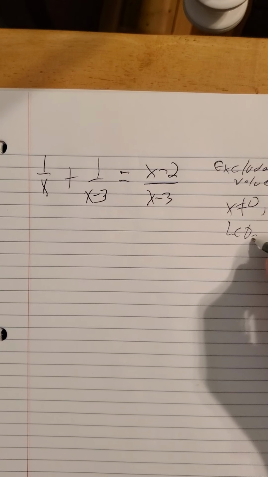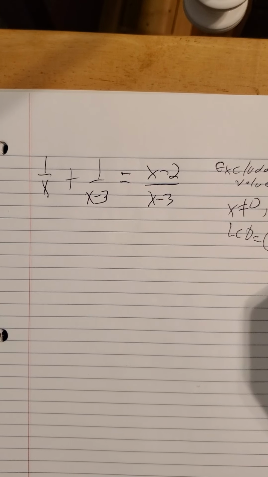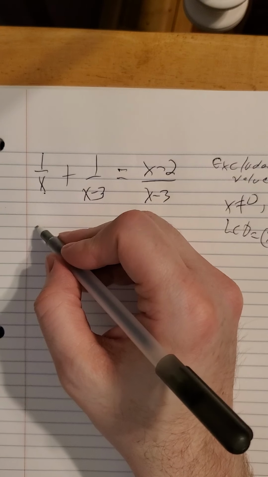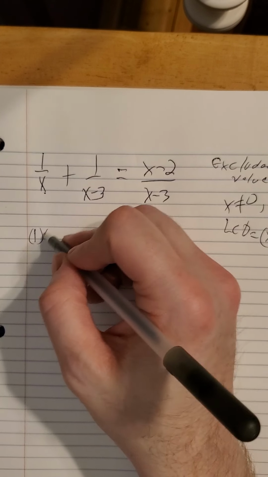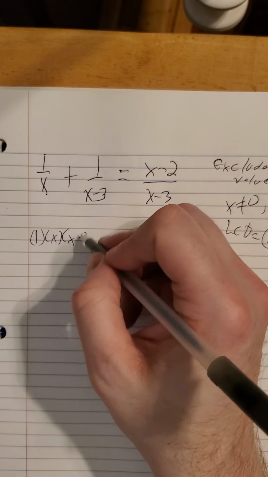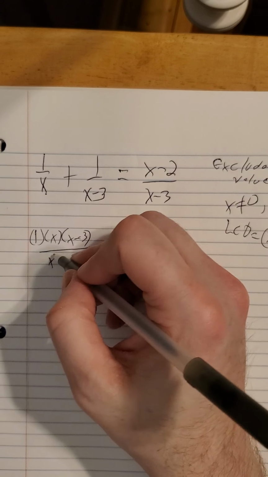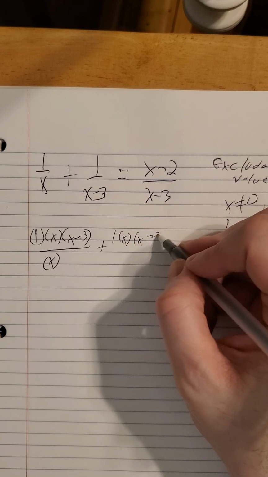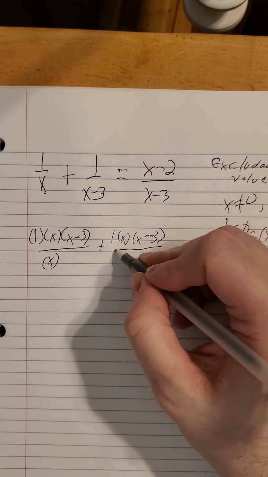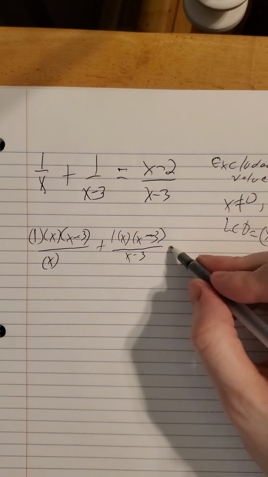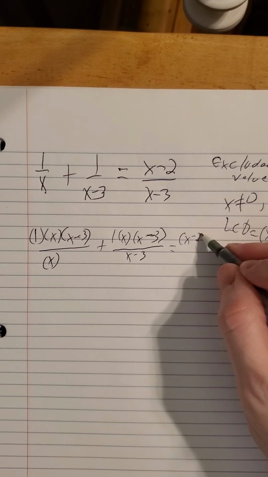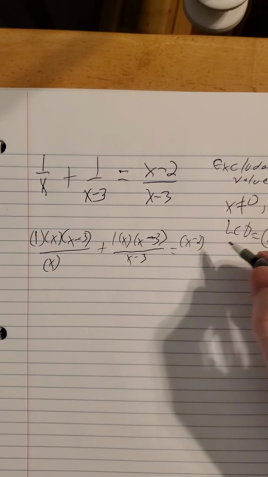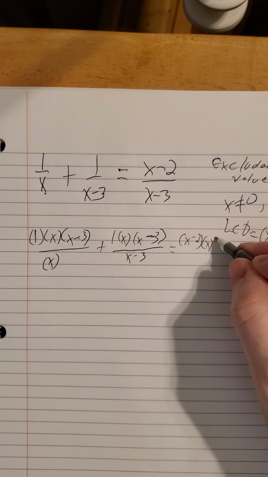Our LCD is the product of x and x minus 3. So everybody gets multiplied by the LCD. Now the x minus 2, two terms, so make sure that's in parentheses.